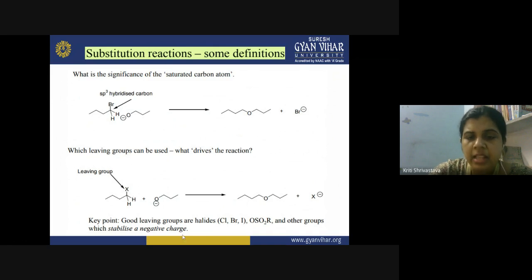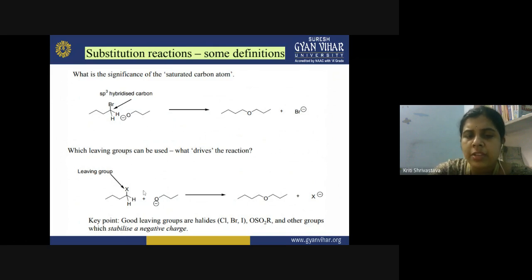Generally the halides are considered to be good leaving groups. So what will be a good leaving group? One which leaves easily. All the halides, whether you talk about fluoride, bromide, iodide, are good leaving groups. They leave the atom quickly, and the OSO2R groups are also good leaving groups. They leave the substrate easily, and so do other groups which can stabilize the negative charge.